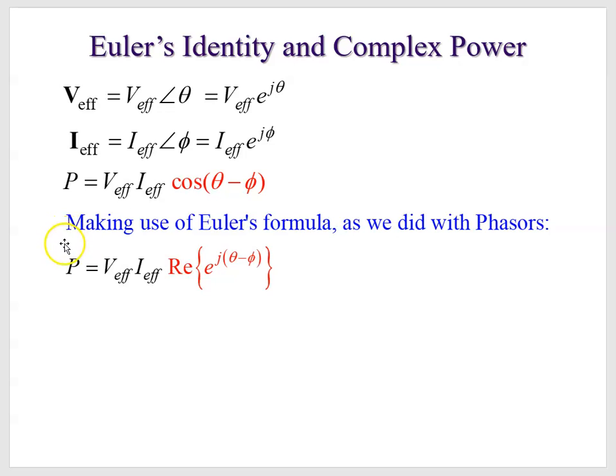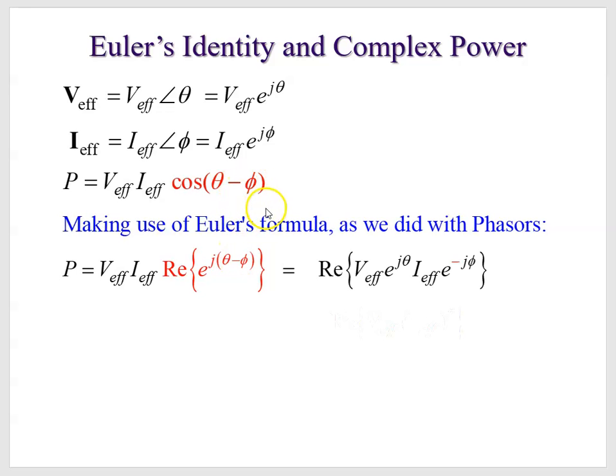If we make use of Euler's formula, as we did with phasors, then we can take this product and get V effective, I effective, the real part of our complex exponential e to the j(theta minus phi). That gives us our cosine of theta minus phi.